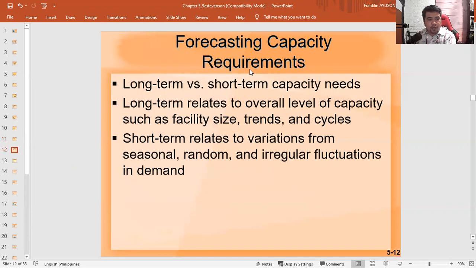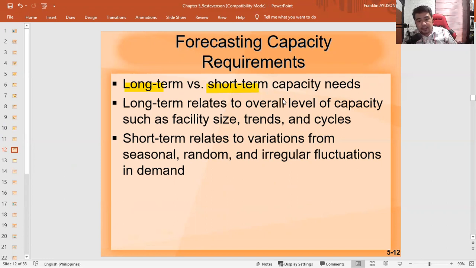Okay, moving forward, we now have capacity forecasting, or forecasting capacity requirements. In estimating or forecasting our capacity, we need to consider the following. What is the long-term and short-term capacity needed for the organization?